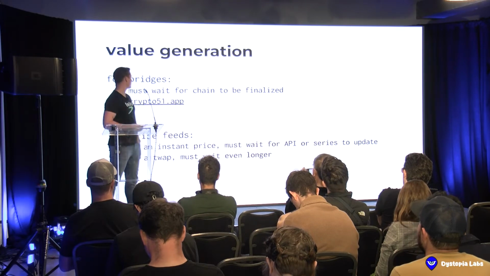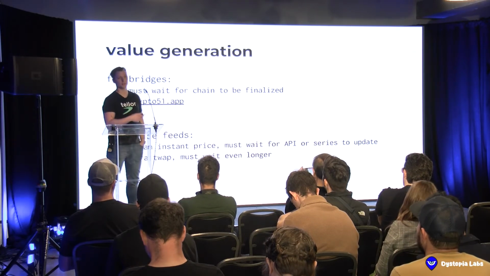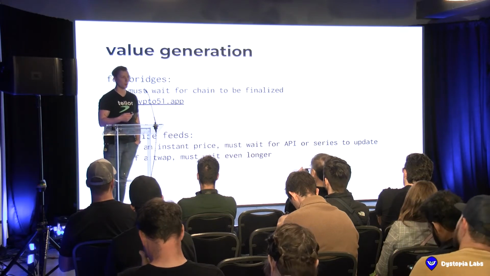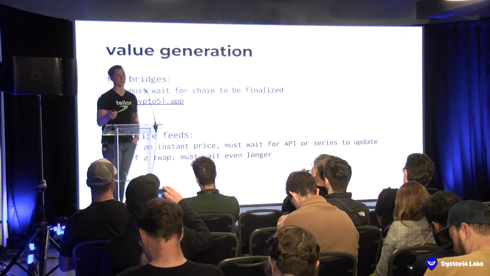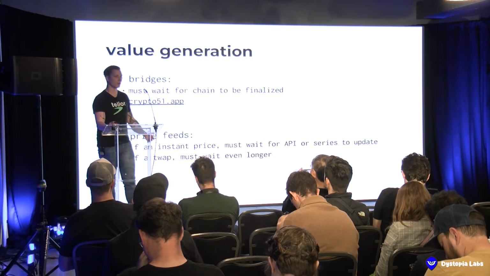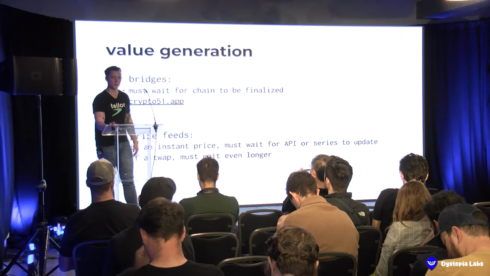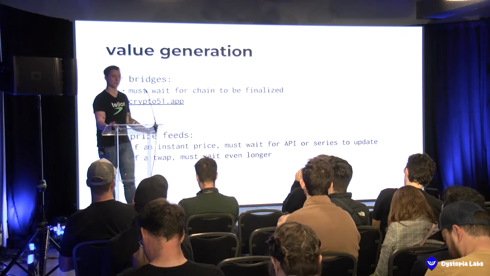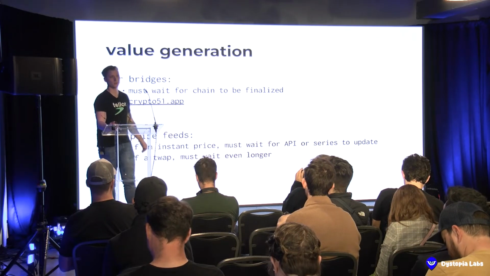I threw this website up here, crypto51.app. This is actually the cost to 51% attack different chains. Most people think, well, I don't know what Bitcoin's market cap is, but it must be crazy expensive to 51% attack Bitcoin. It's not. It's about $1.5 million, and you can 51% attack Bitcoin for an hour.